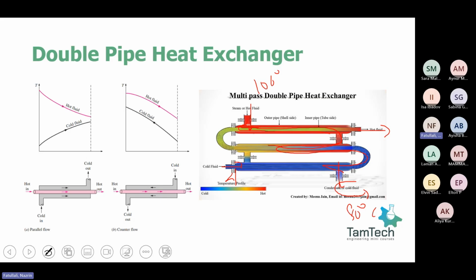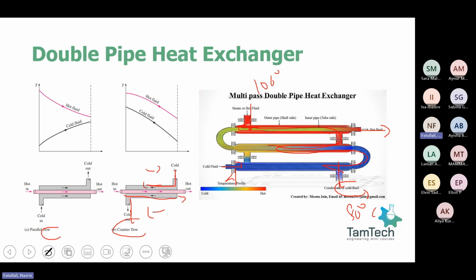Here we have two types of arrangement: one is counter flow, another is parallel flow. In counter flow, the fluid directions are opposite: cold enters, cold out, hot enters, hot out, and the direction is vice versa.